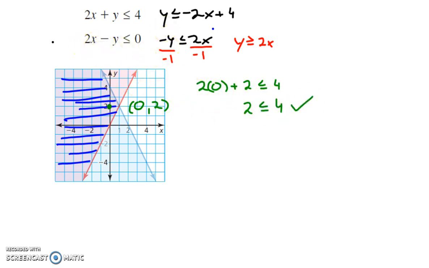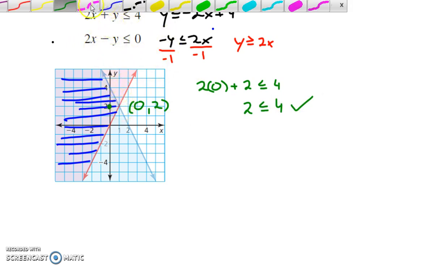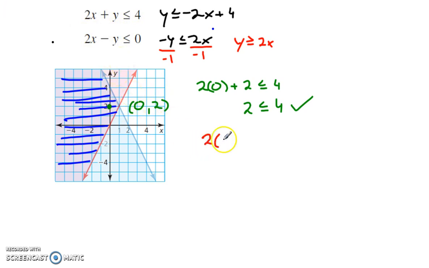Plug it into the second equation here, and that's the red one. Plug it into 2 times 0 minus 2. Is that less than or equal to 0? Well, negative 2 is less than or equal to 0, so that is correct. So that point is indeed a solution for both of these inequalities. And that's how we solve a system of linear inequalities, by graphing.